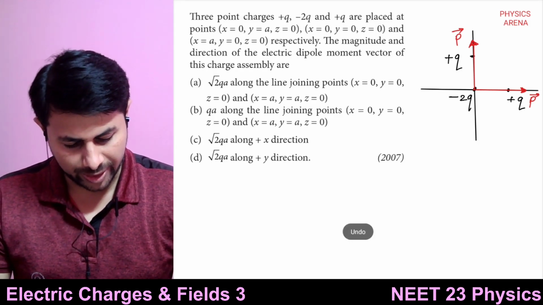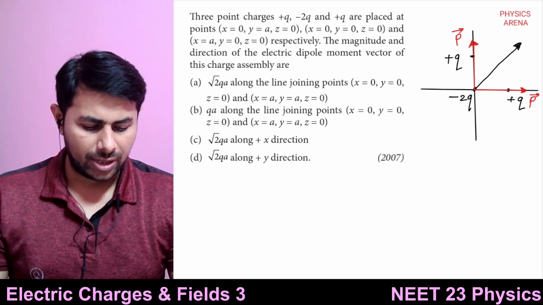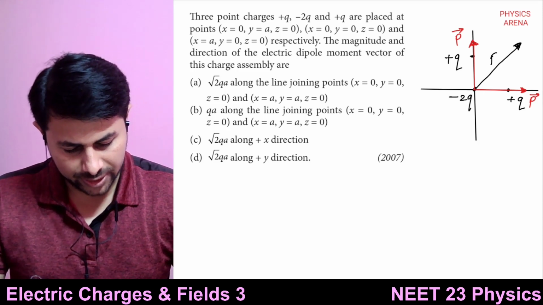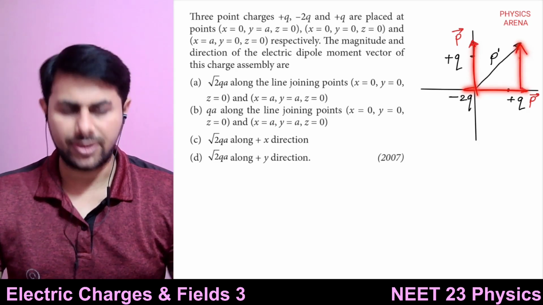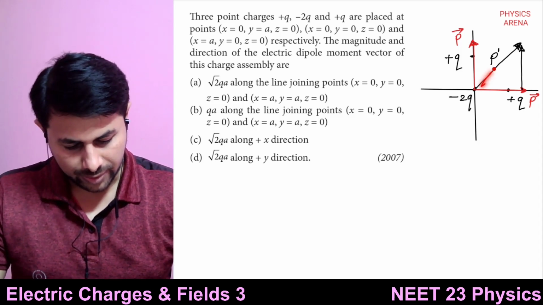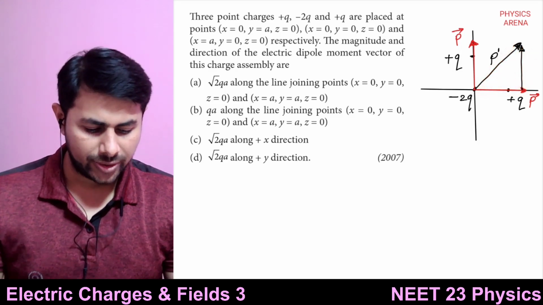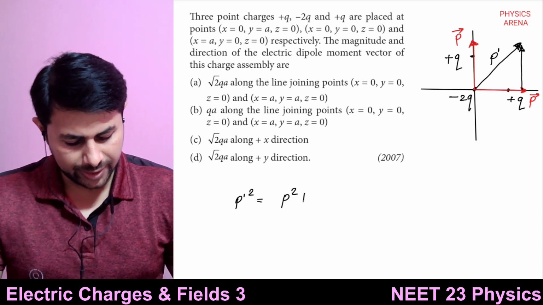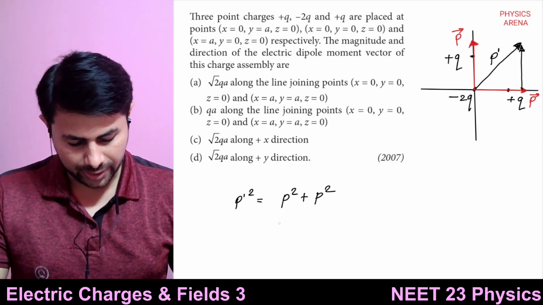Okay, 45 degrees. So this is the resultant. And how much would the resultant be? Let's suppose this is P dash bar. This is P bar and this is P bar. So using Pythagoras theorem, we can say that P dash square is equal to P square plus P square, right? Then it is 2P square.